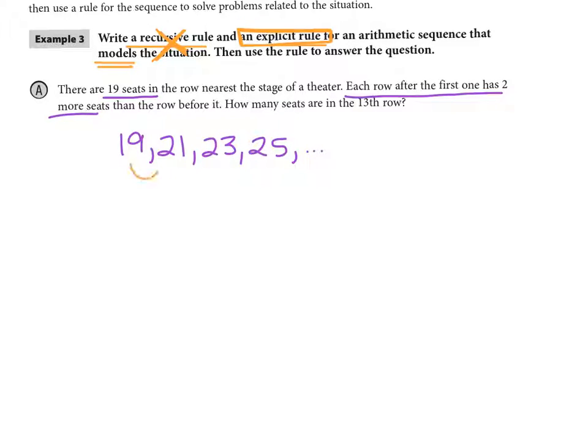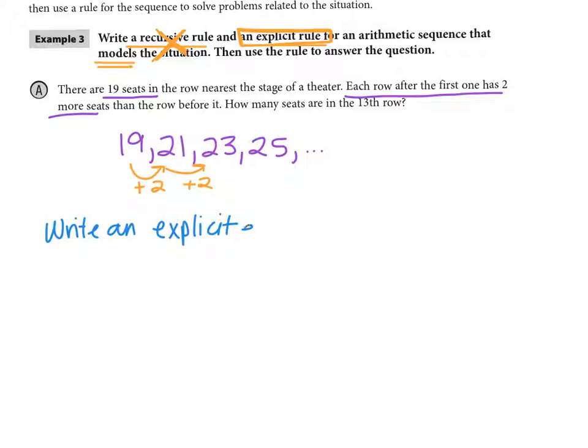You also know this because that's how we found those numbers. We're adding 2 every time. How many seats are in the 13th row? Okay, so we need to solve this problem. We need to first write an equation, and we want to write an explicit equation.